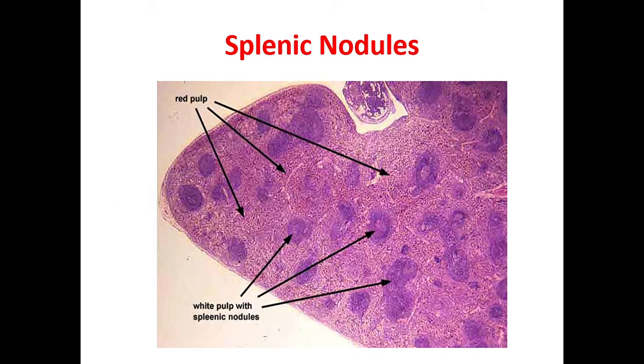So we can see here the microscopic appearance of the spleen, similar to that of the other lymphoid organs in structure, with a darker area and a lighter area, and the presence of nodules inside the spleen. What is very specific in the splenic nodules is the presence of the red pulp and the white pulp. So take note: red and white pulp in the spleen.